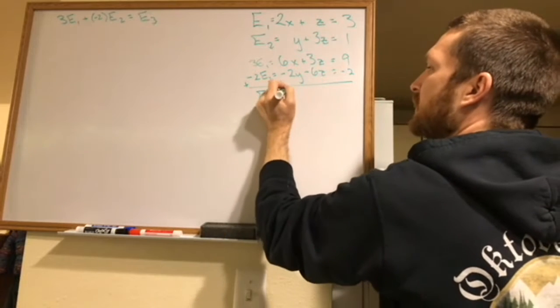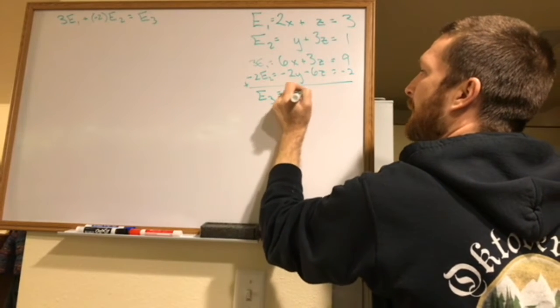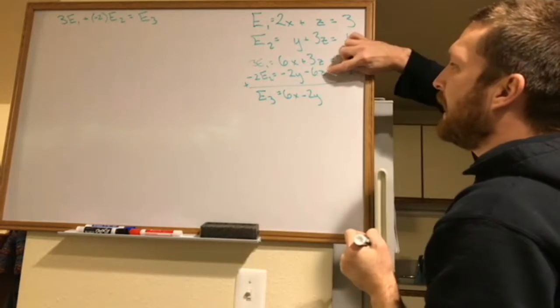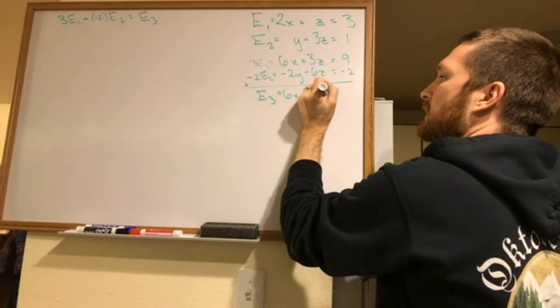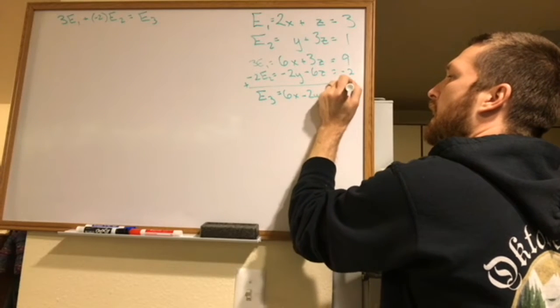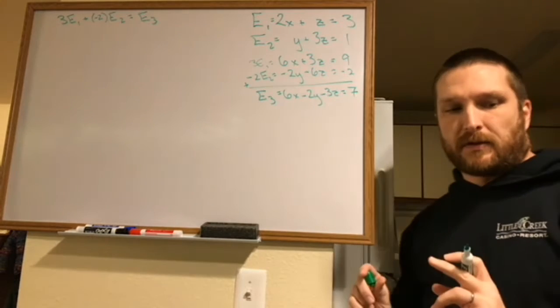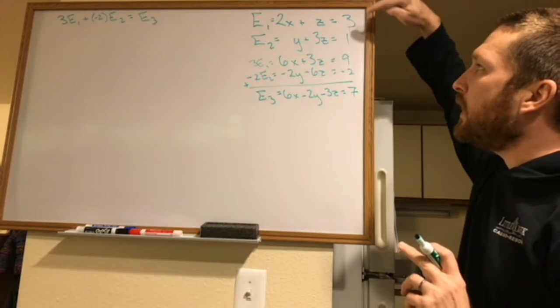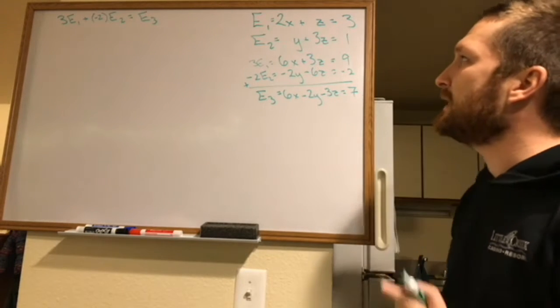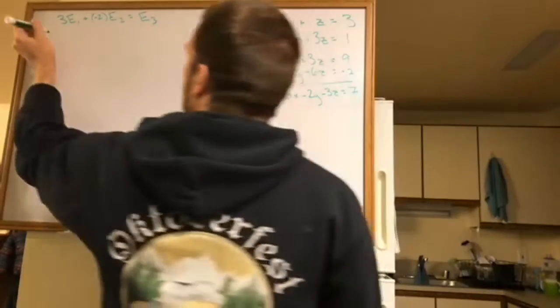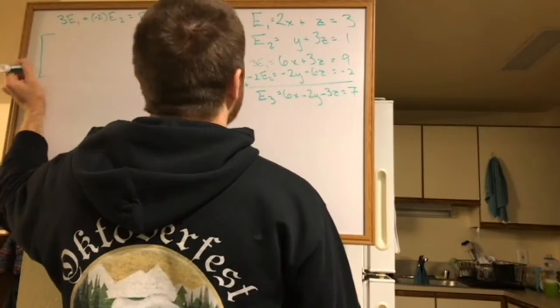which is going to be 6x minus 2y minus 3z equals positive 7. Okay, so now let's see what happens when I put E1, E2, and E3 into a system and try to solve it. So we'll take E1 first.